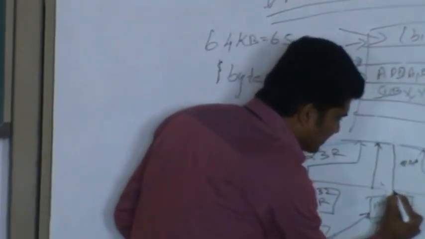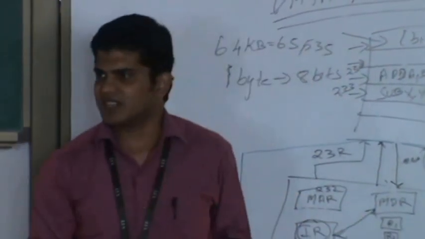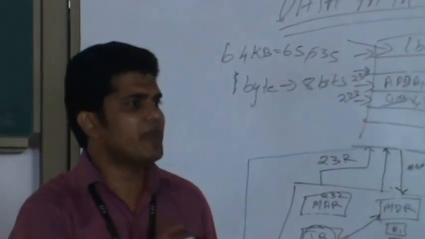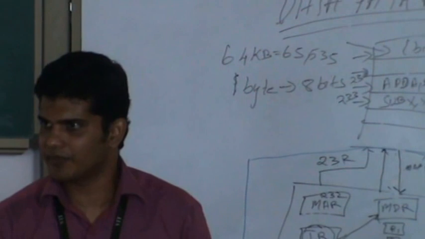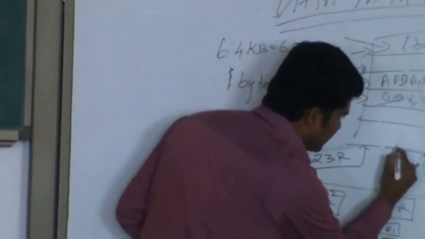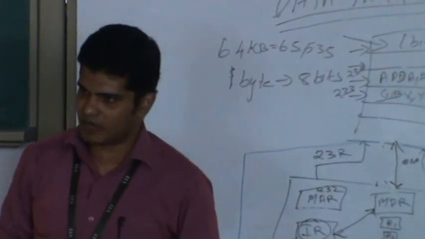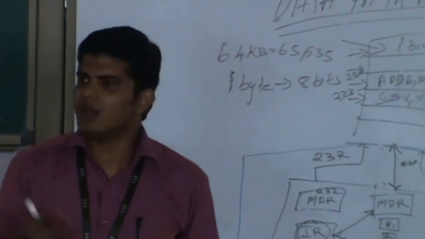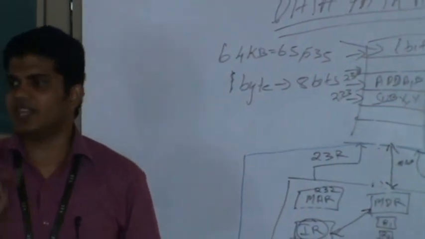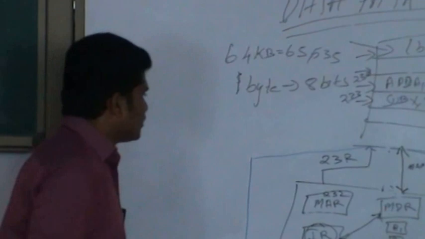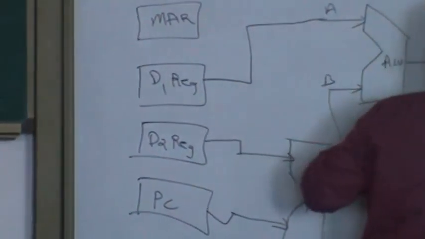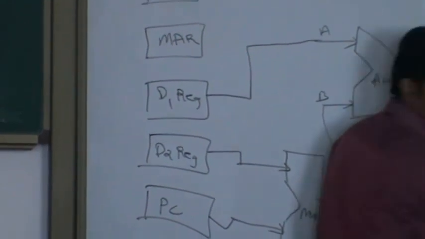If the data is coming from the memory to the processor, we are going to do a read operation on the memory. Clear? So in general, we are showing this as bidirectional. Either a read operation or a write operation can be done on the memory. So if you see, this is the data bus, which is otherwise called the D bus.